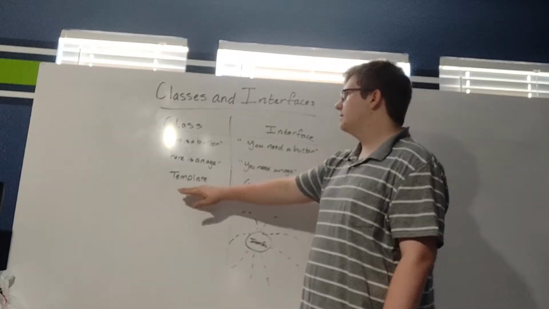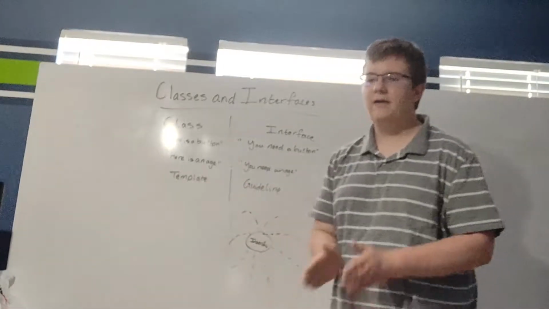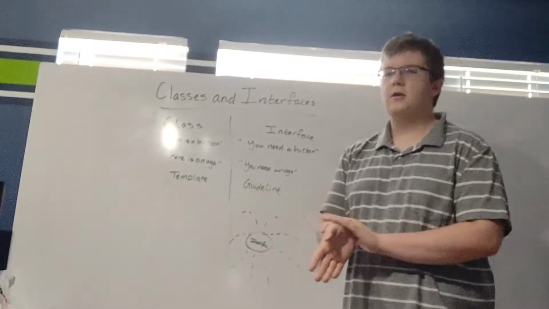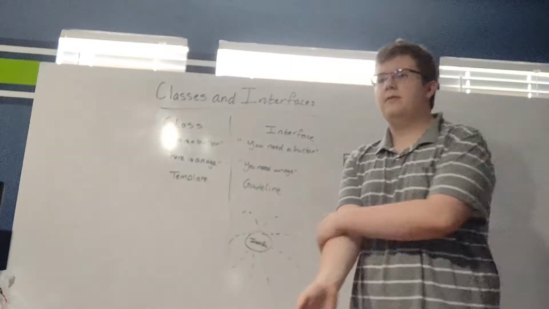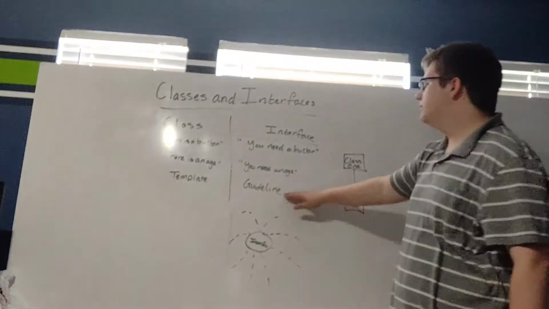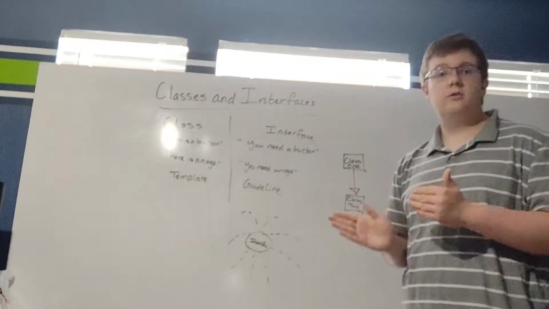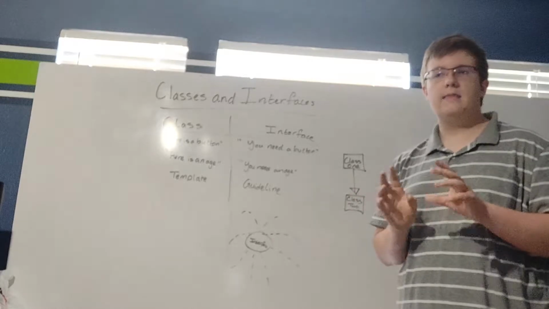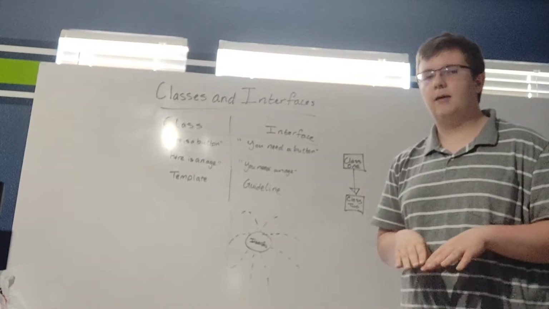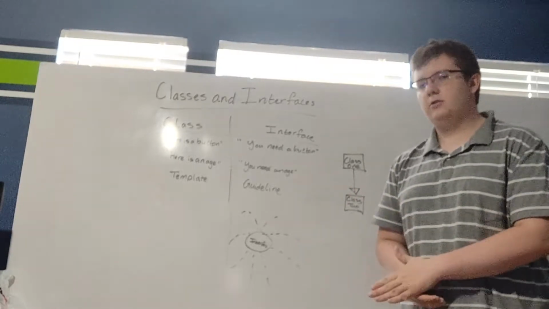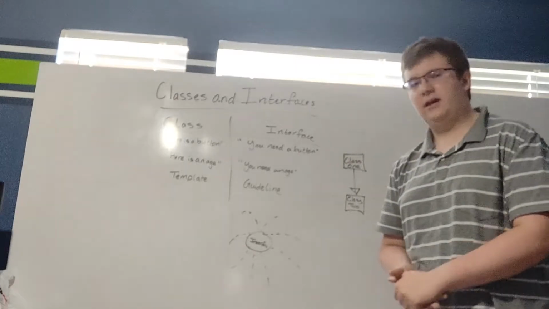And the main difference is that a class is a template. You have this that does this. You can plug stuff in here, and this will come out. Whereas an interface is a guideline. So interfaces can get really messy and really complicated. I haven't used them a whole lot myself yet.